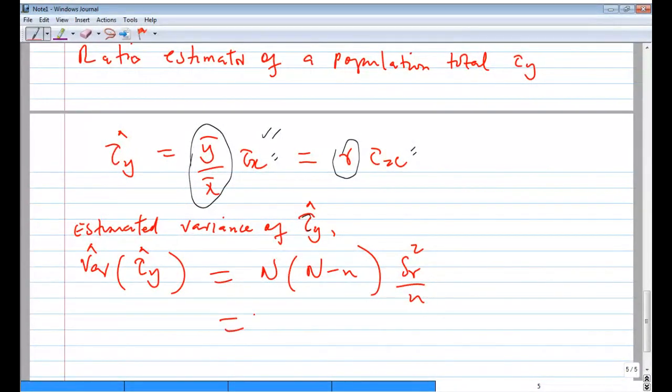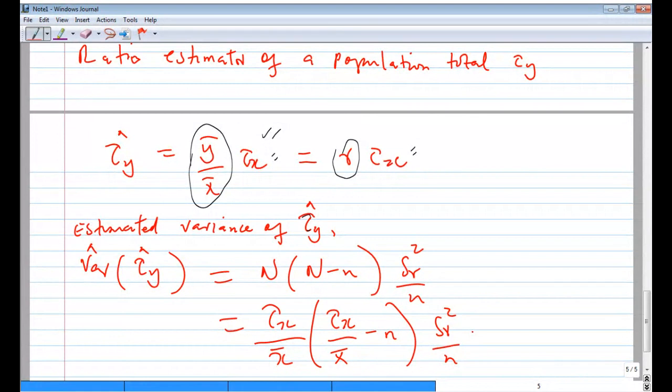So in this regard, it's when you have got the population size and the sample size. In case you don't have the population size, you're going to use this formula: tau x over x bar, open brackets, tau x over x bar, then minus n, then times S_R squared over n.